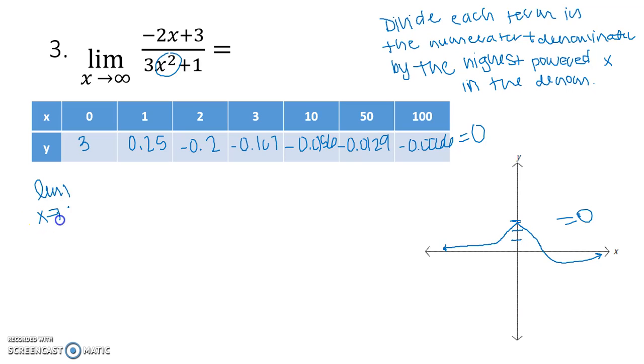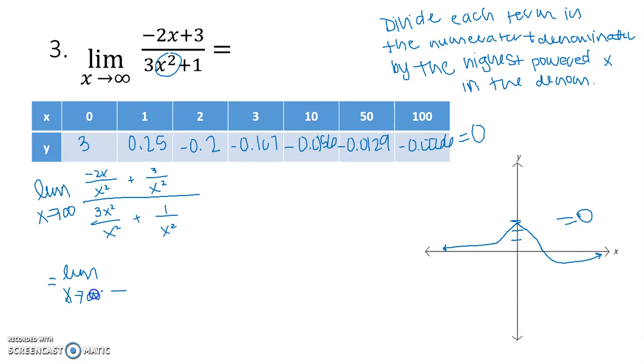So the limit as x approaches infinity, and I'm going to have negative 2x over x squared plus 3 over x squared over 3x squared over x squared plus 1 over x squared, which if I simplify that, is the limit as x approaches infinity.